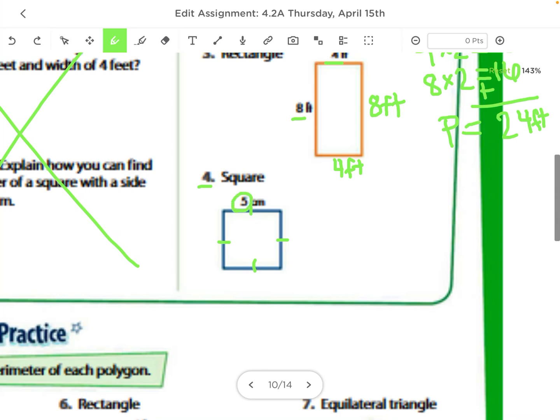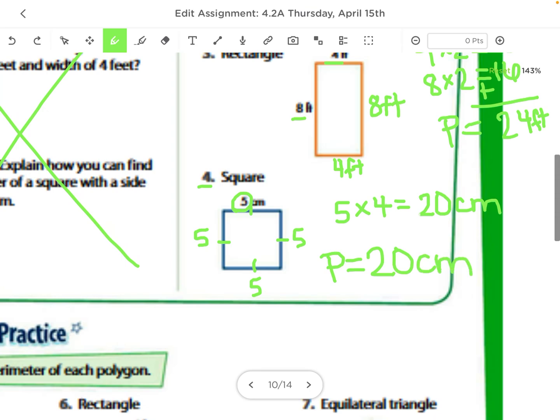So instead of adding 5 plus 5 plus 5 plus 5, I can multiply the length times the number of sides. 5, and how many sides are there? 4. And I know 5 times 4 is 20. Add my units, centimeters. The perimeter is 20 centimeters.